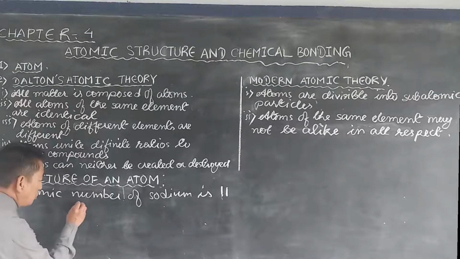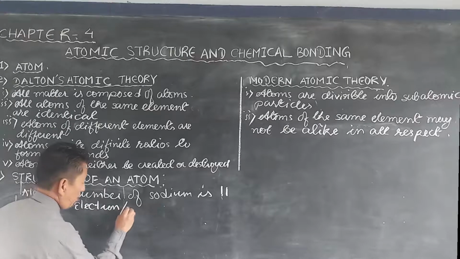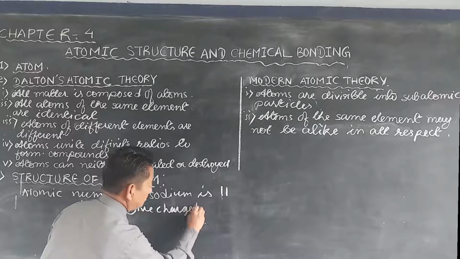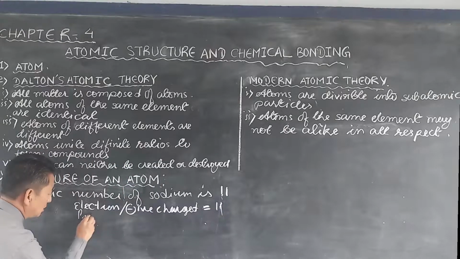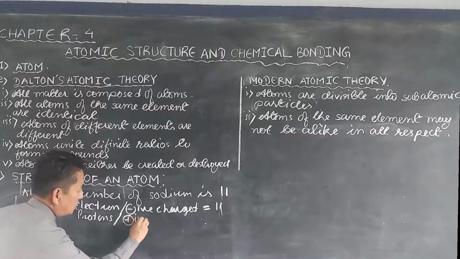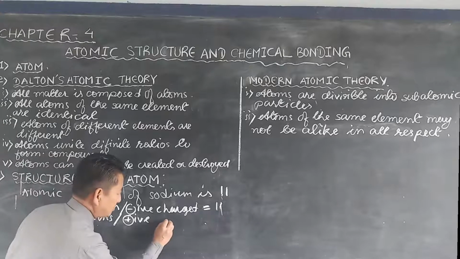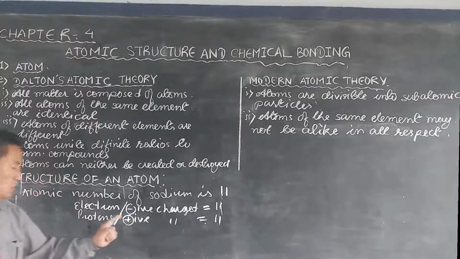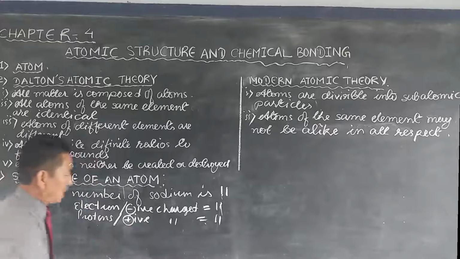It means that a sodium atom has 11 electrons, or 11 negative charges, and 11 protons. An atom is electrically neutral because an atom has an equal number of positive and negative charged particles. See, 11 electrons and 11 protons, or 11 negative charged particles and 11 positive charged particles.